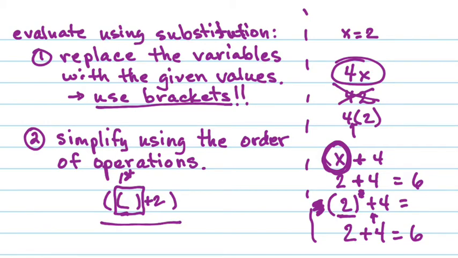So anytime you have brackets that are stacked together, always make sure you go to the innermost brackets first. Or what you can do is, if you put a bracket inside of another bracket, you can change the shape of the bracket to make sure that you know that there's another bracket inside.